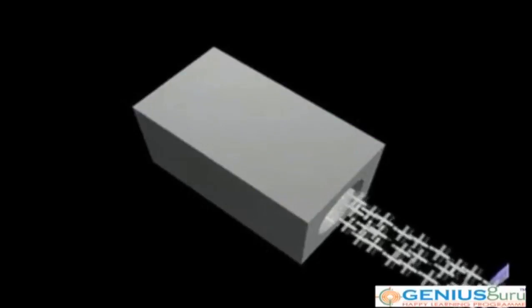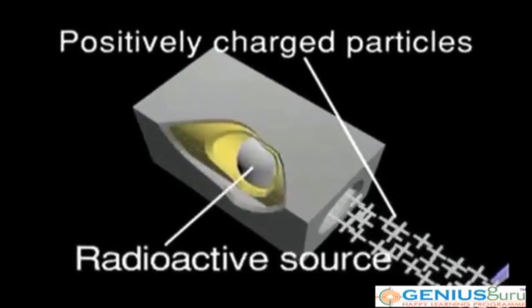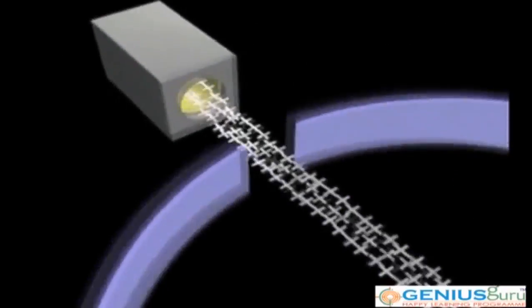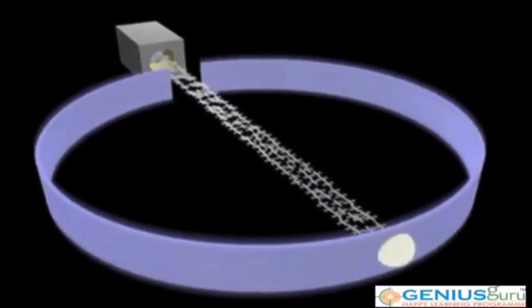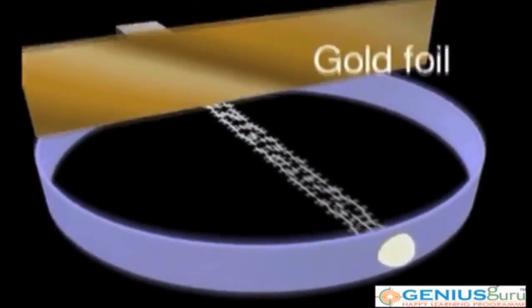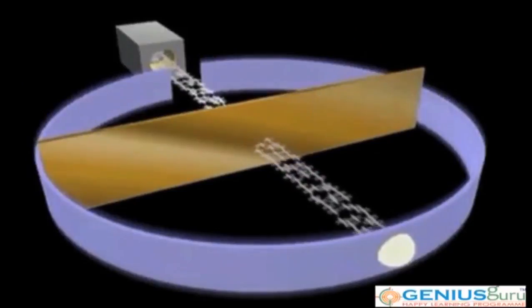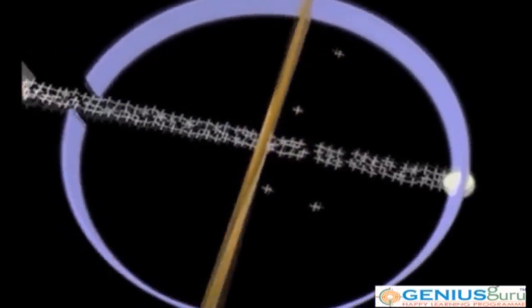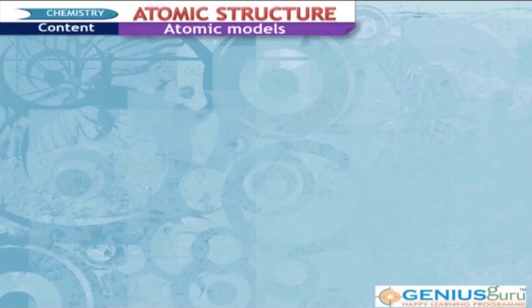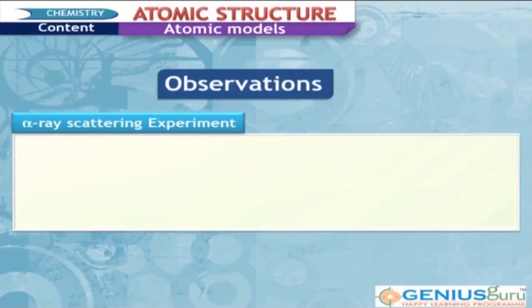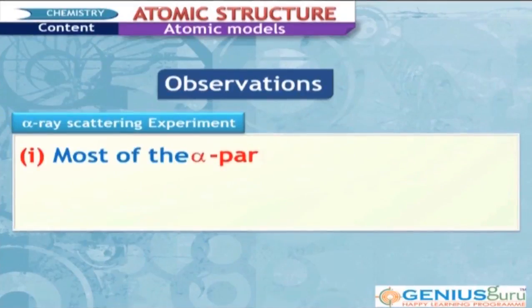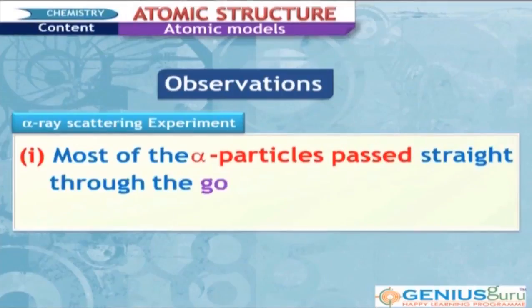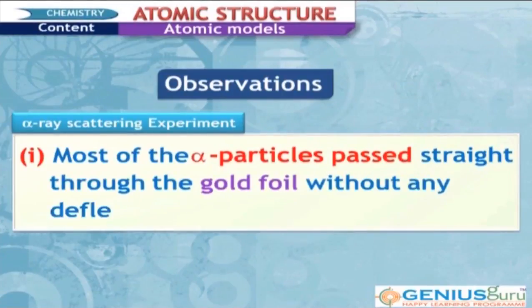So here, these positively charged alpha particles coming from a radioactive element will fall on the metal foil and get scattered in different directions. Look at this. The important observations are: most of the alpha particles pass through the gold foil without any deflection.